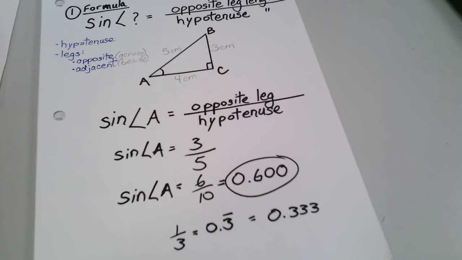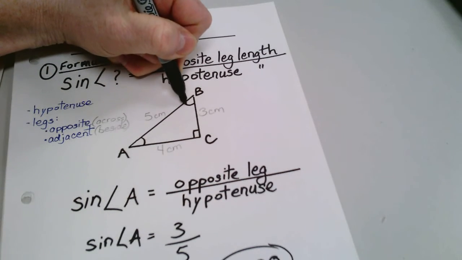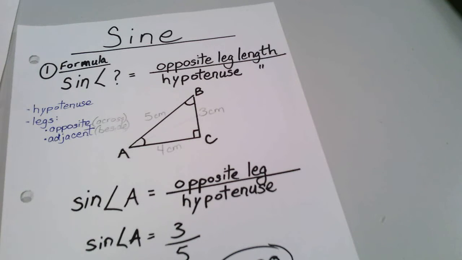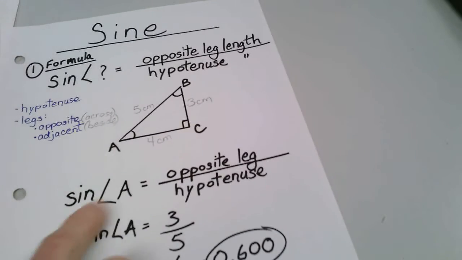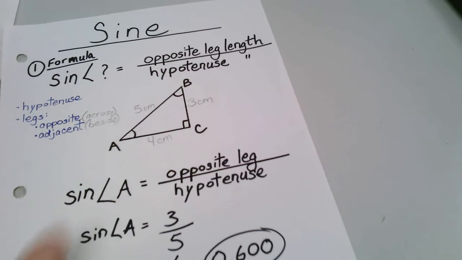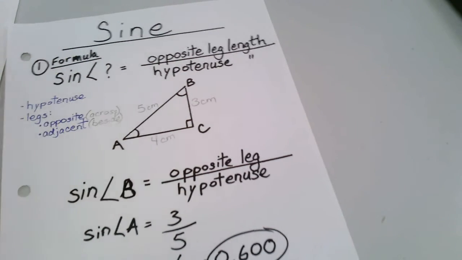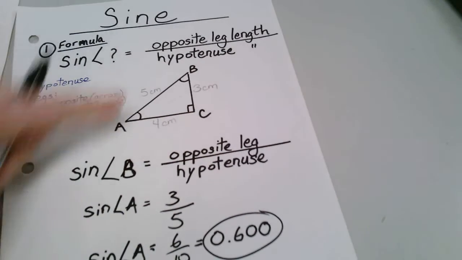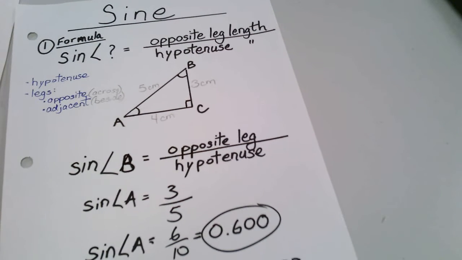So let's do a second example for the same triangle, but we will now find the sine of angle B. So we use the same formula, except this changes. So I'm just going to go right over this here, change it into a B. So the sine of angle B, it's still opposite over hypotenuse.